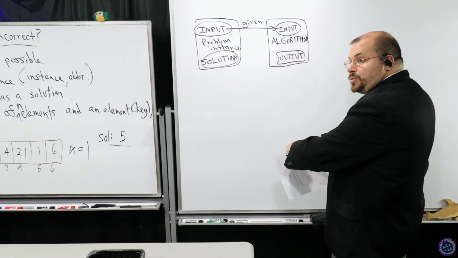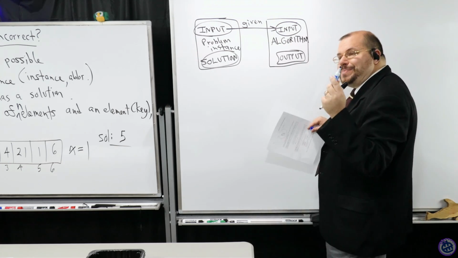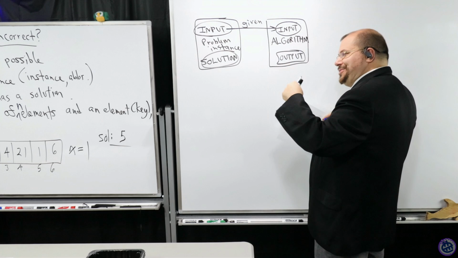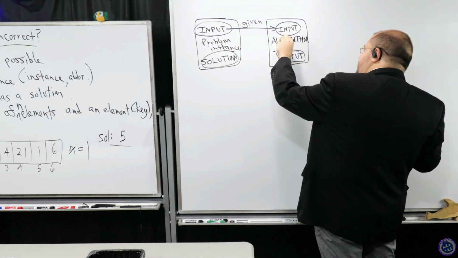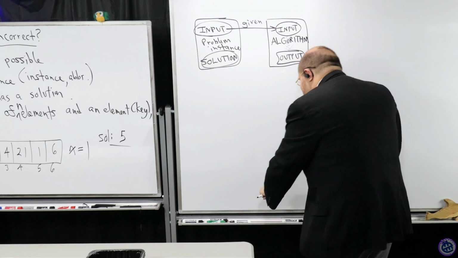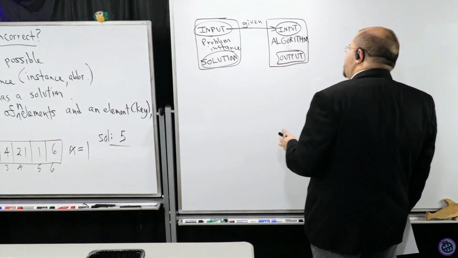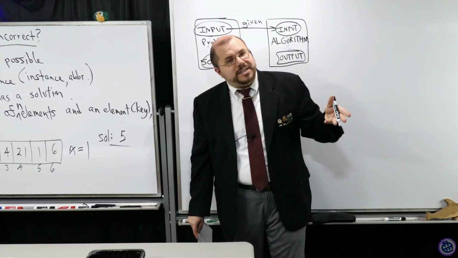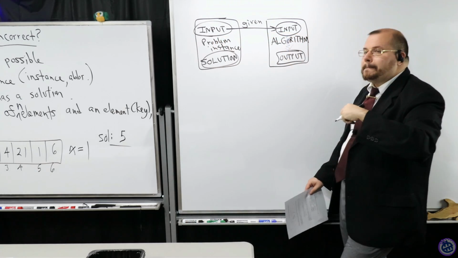It's a step-by-step procedure. It's what we call unambiguous. It means that there's no way you can misinterpret it. There's not 2 possibilities of interpreting this thing. So this is what we call unambiguous. It's an unambiguous step-by-step procedure. It takes an input, produces output.